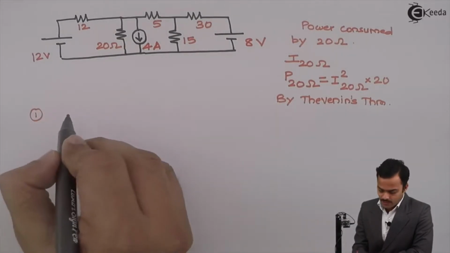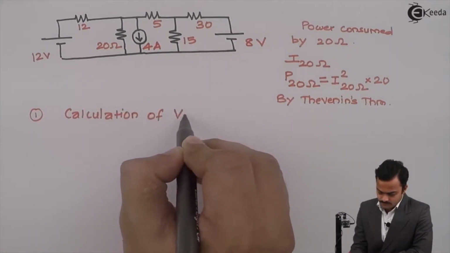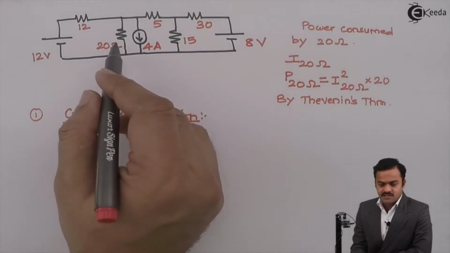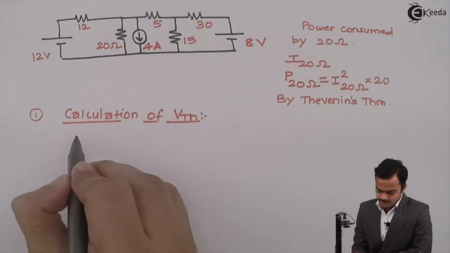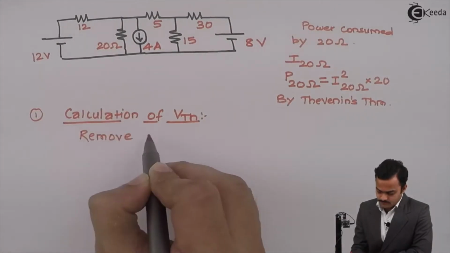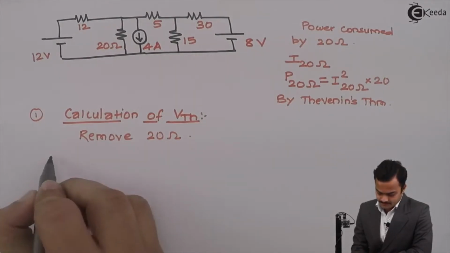First step is a calculation of VTH. We open circuit a load resistance, in this case it is 20 ohm. So I can say remove 20 ohm. So I will get a circuit like this.